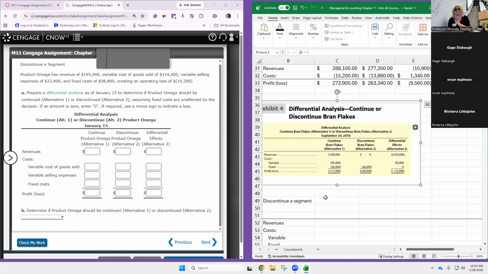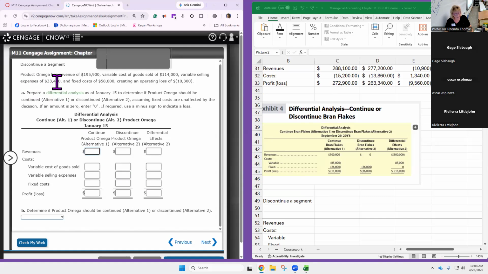To continue the bran flakes or discontinue the bran flakes. So we've got to put information in. I assume they're making bran flakes right now. So we're going to put in the information about continuing on, and then we'll put in anything that gets eliminated because of discontinuing the bran flakes.